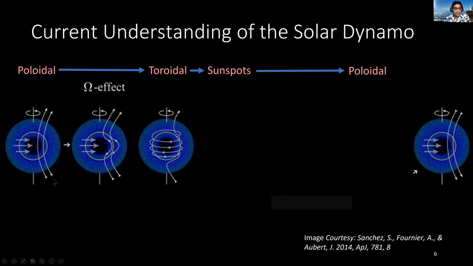So if you start inside the sun with a magnetic field pointed from south to north, and there's differential rotation inside the sun where the equator is rotating faster than the poles, because magnetic flux is frozen in the plasma inside the sun, this poloidal magnetic field pointed from south to north will start getting stretched and wrapped around the sun because of this latitudinal shear in differential rotation.